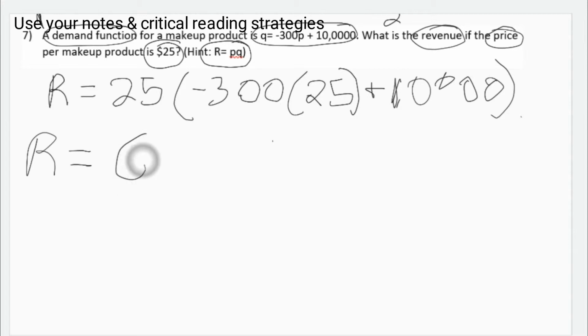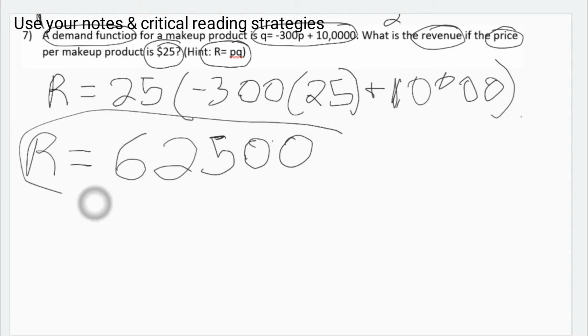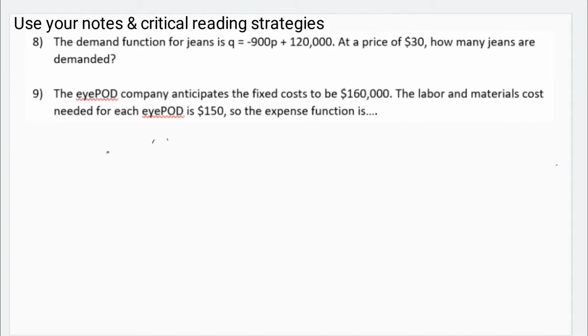So the revenue is going to be 62,500. Remember, you can always double check it. Make sure you count your zeros, so you put all of it as 10,000 and double check your answer.